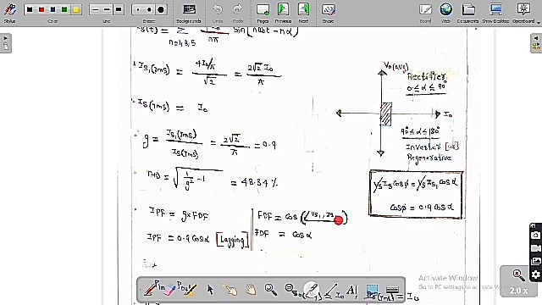So alpha is the phase angle between the source voltage and the fundamental component of the source current. Therefore the fundamental displacement factor is cos alpha.